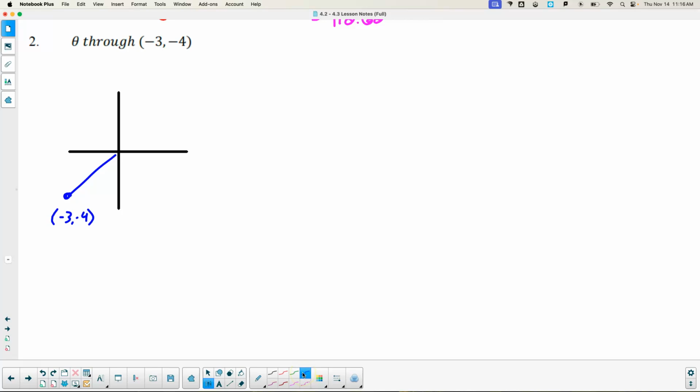This is actual theta. This is reference angle theta prime. So if I'm looking at the triangle, this side here is 3, this side here is 4, and this side is 5. Theta prime is there. 3, 4, 5 is a Pythagorean triple.